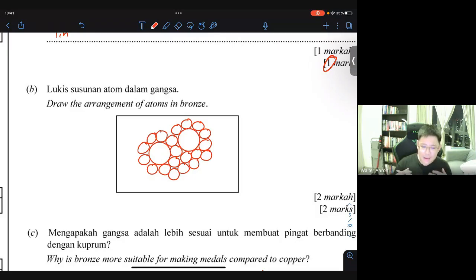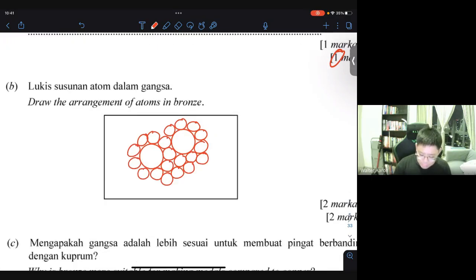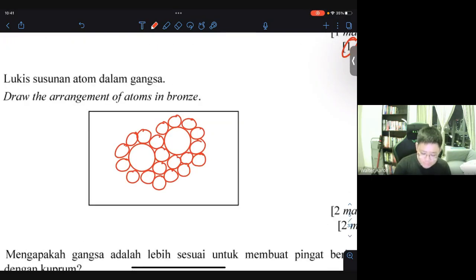Whenever you have an alloy, it is still the pure metal itself having other foreign metals inside. The one that I draw over here, this is not drawn according to scale, but the smaller ones, if you see, the frequency is higher.